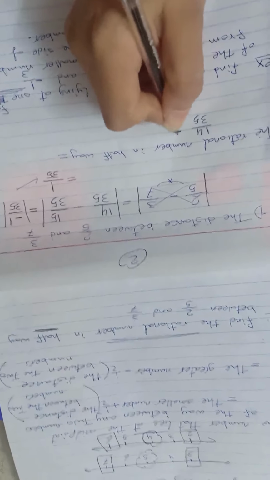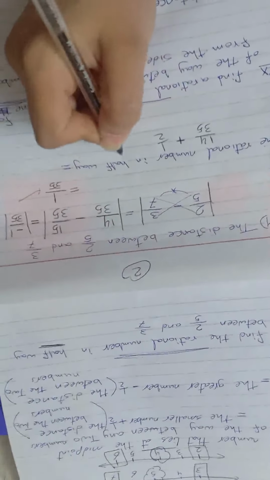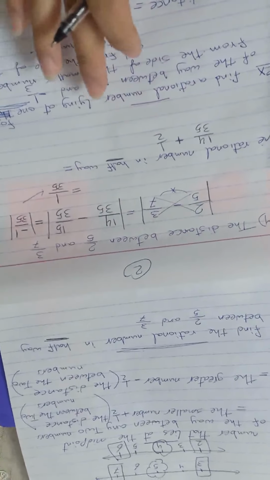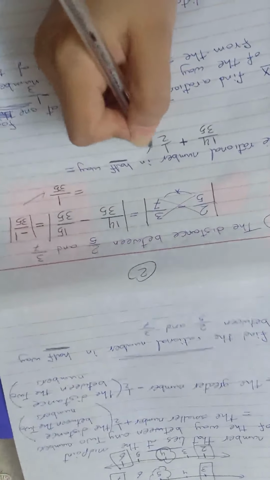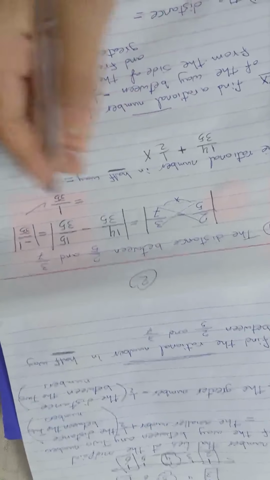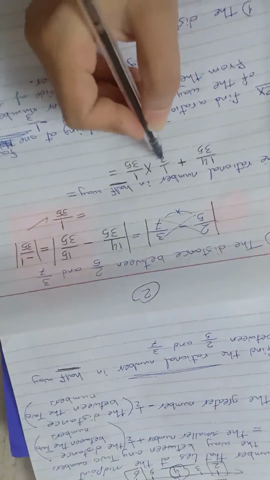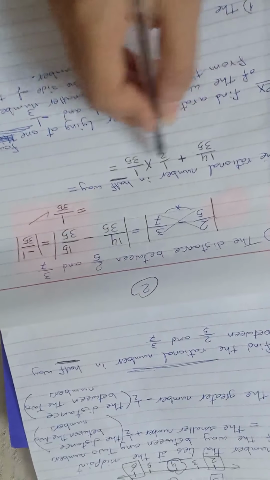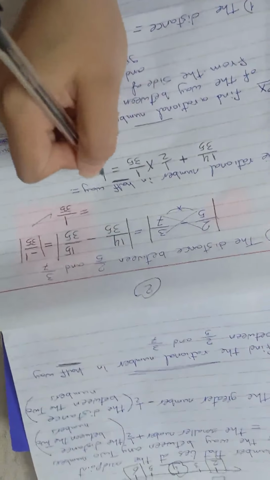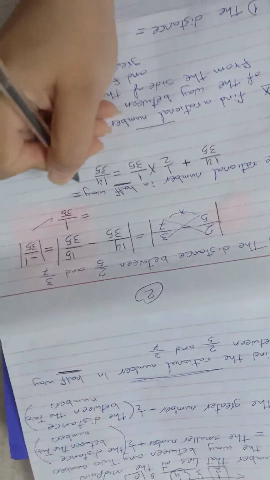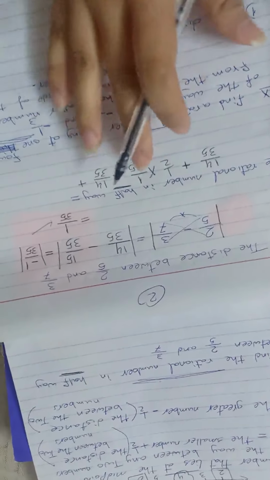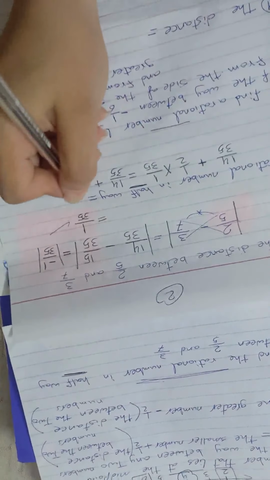14 over 35 plus half. You say we want to get halfway, so half multiplied by the distance. The distance we got is 1 over 35. Now, find the product and then find the sum of the two numbers. Right, 14 over 35 plus the product of these fractions, 1 over 70.